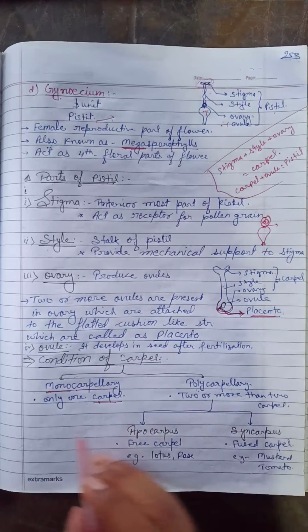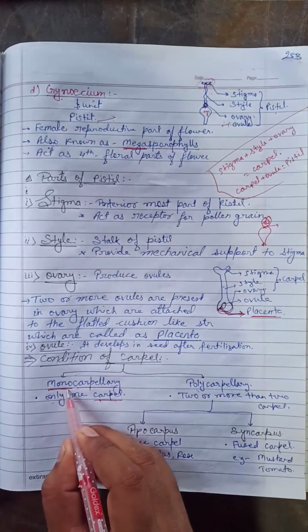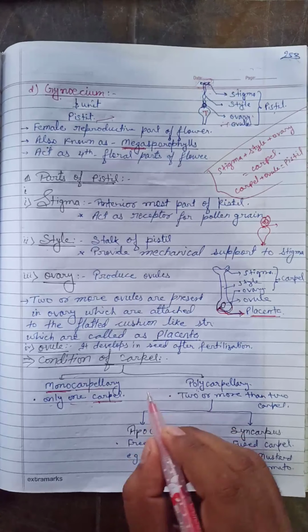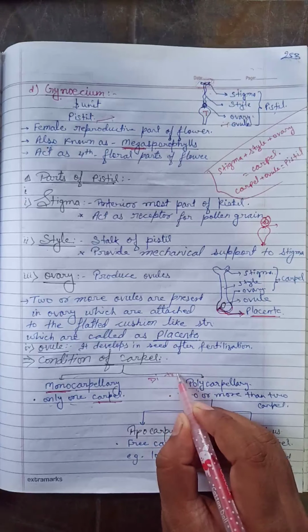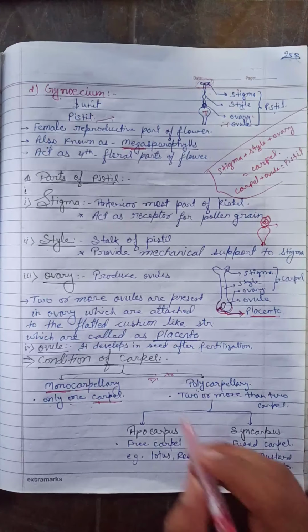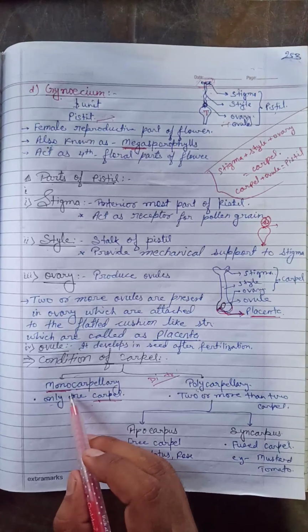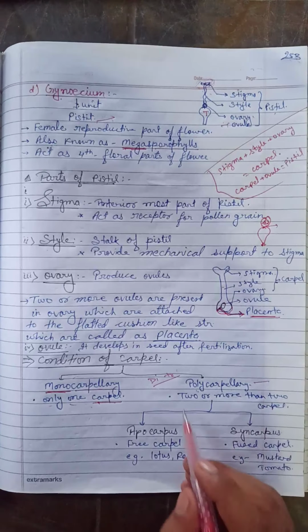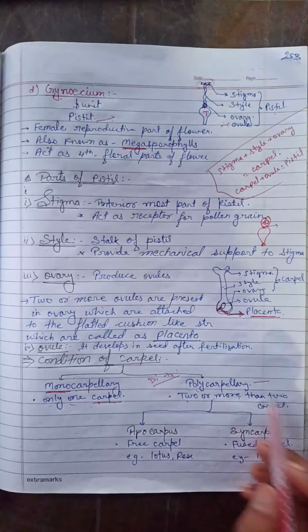Other than one carpel, what will happen for two carpels? Dicarpellary, tricarpellary, tetracarpellary and polycarpellary, and many more. We include each and every category in polycarpellary, that is, two or more than two carpels is called polycarpellary.